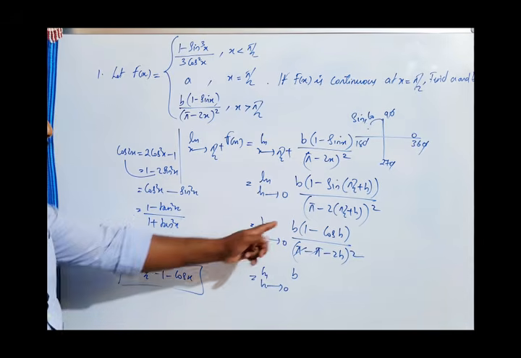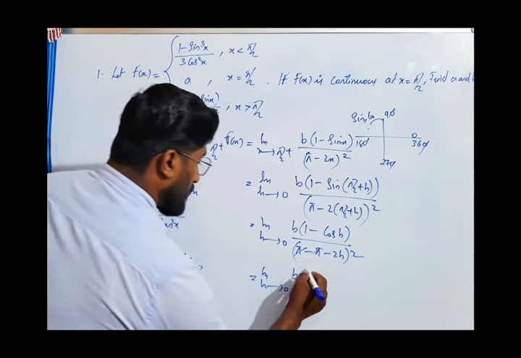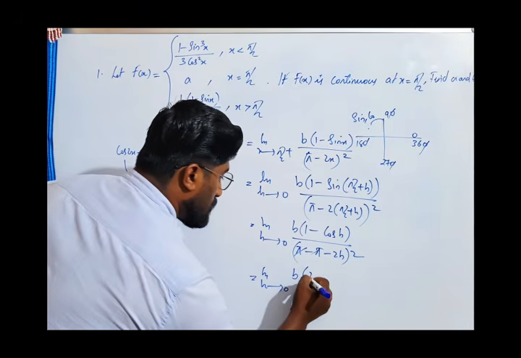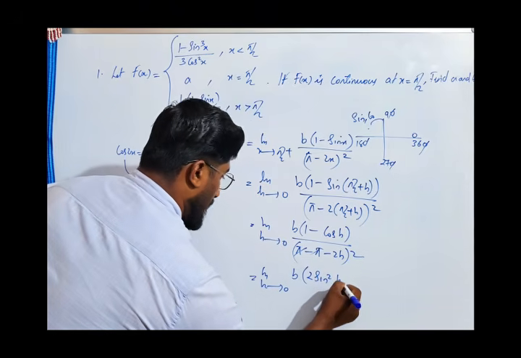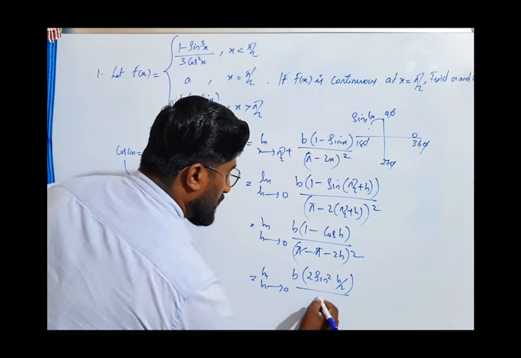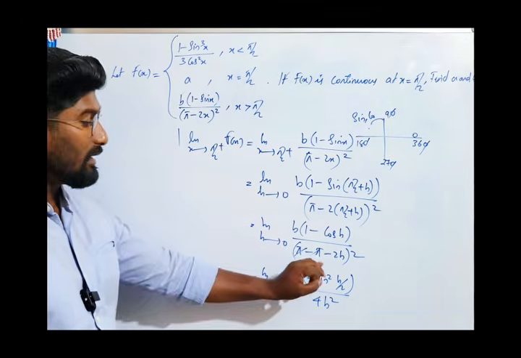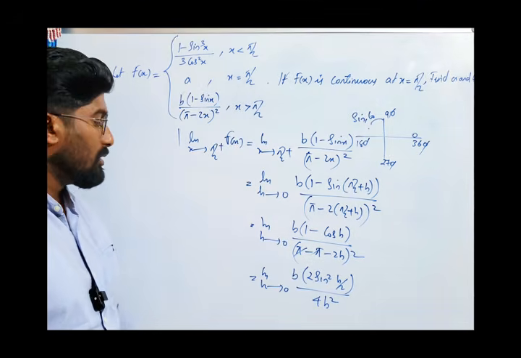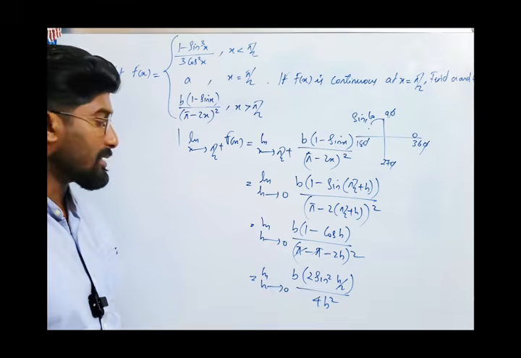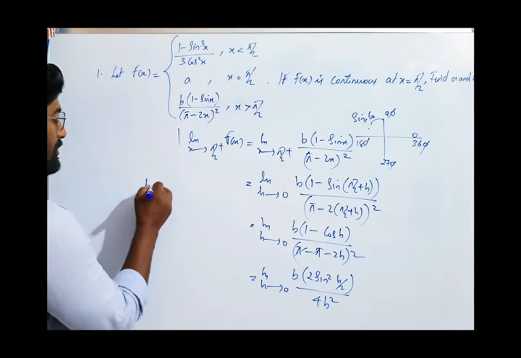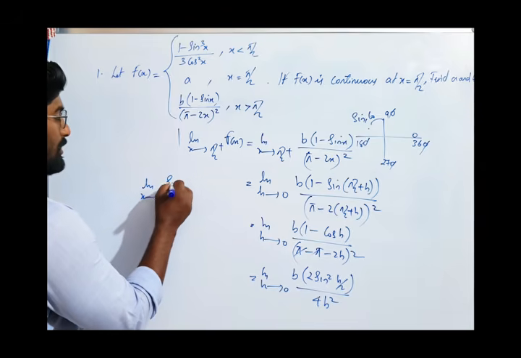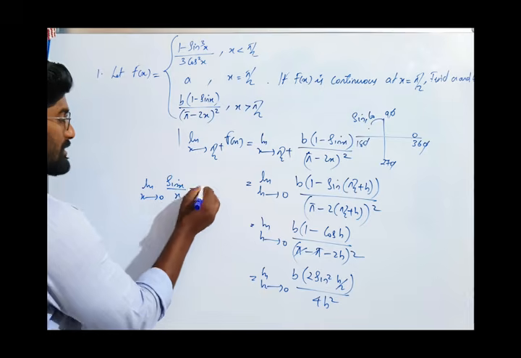So this property you have to apply here, that is b into 2 sine square h by 2 all divided by, denominator is 4h square. There is a property of trigonometric functions, that is limit x tends to 0, sine x divided by x is equal to 1.